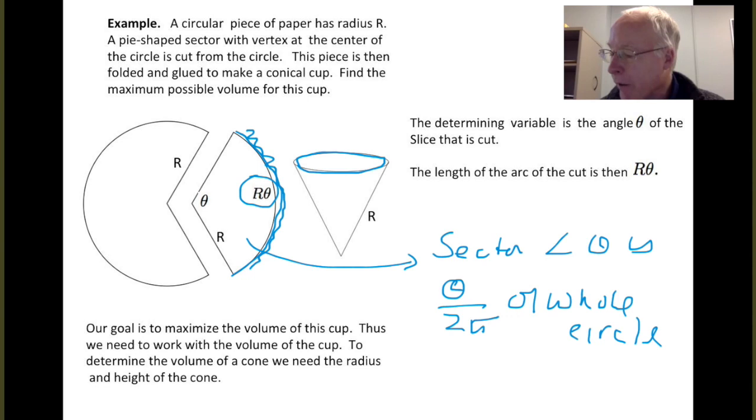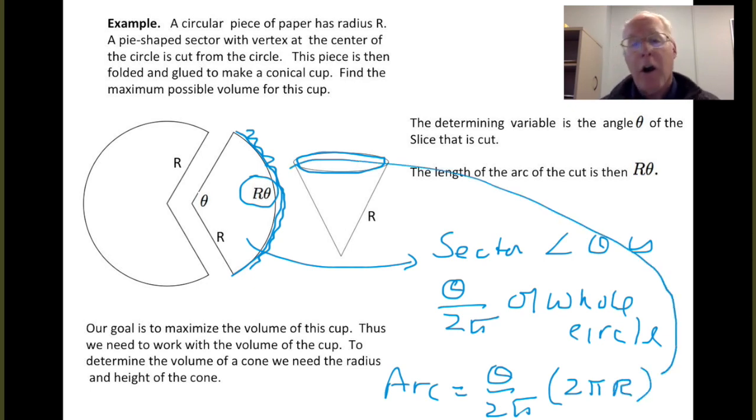So the arc length is going to be theta over 2 pi of the whole circumference, which is 2 pi R. And you can check that when you do some cancellation, you come up with R theta for the length of that arc. So that's going to be an important quantity here.